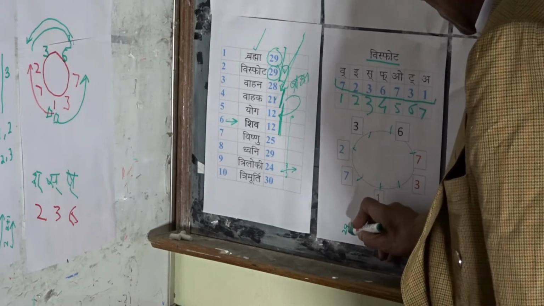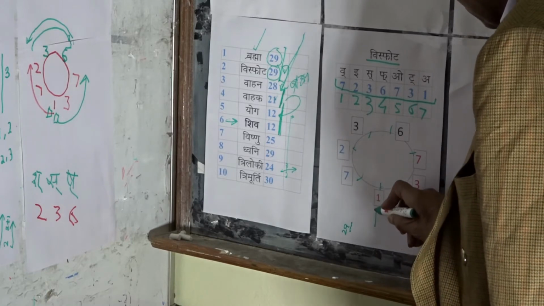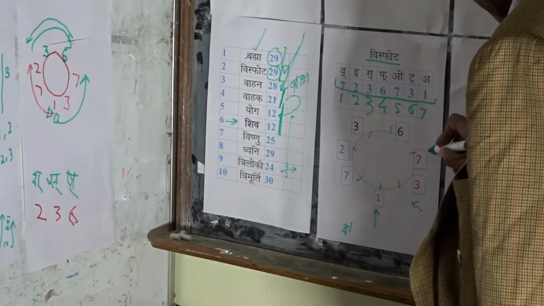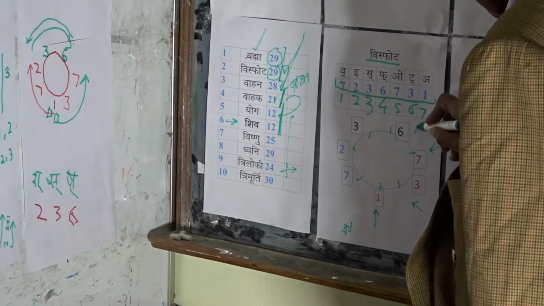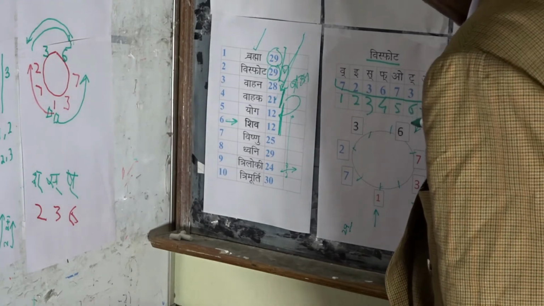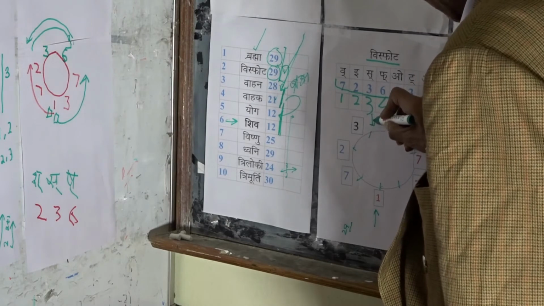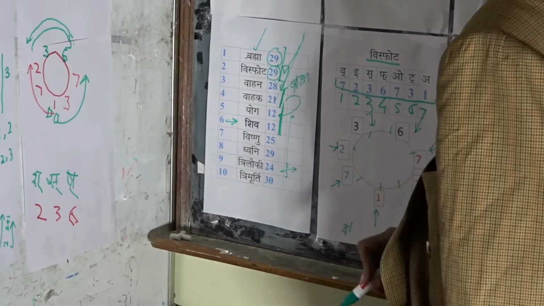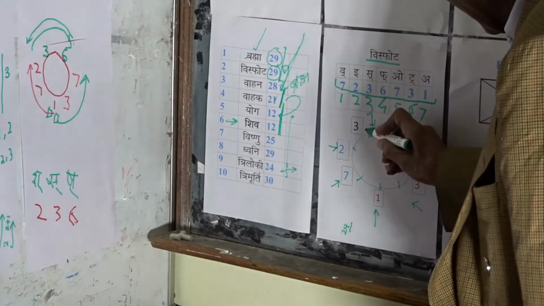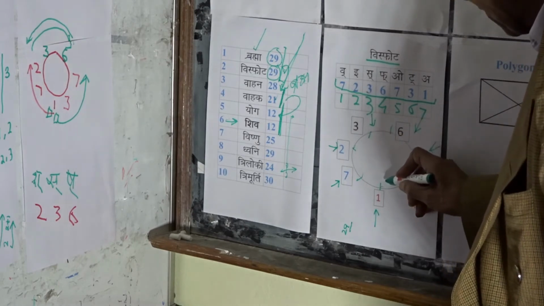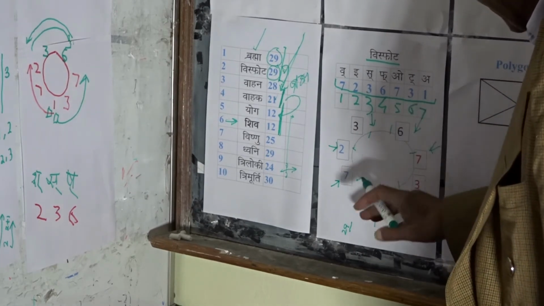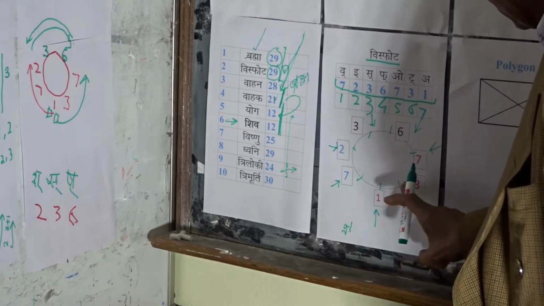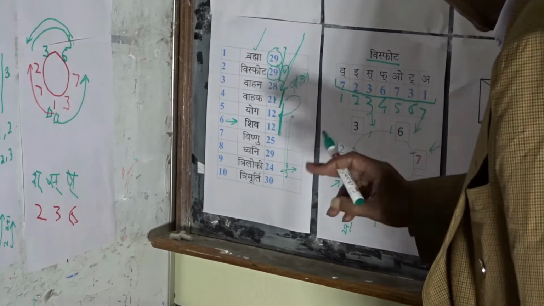Of these 29 units, let us take 1 unit at the first step, then 3 units at the second step, followed by 7 units at the third step, 6 units at the fourth step, 3 units at the fifth step, 2 units at the sixth step, and finally 7 units at the seventh step. So, with this split of the circumference as 29 units, the values range is 1, 3, 7, 6, 3, 2 and 7.